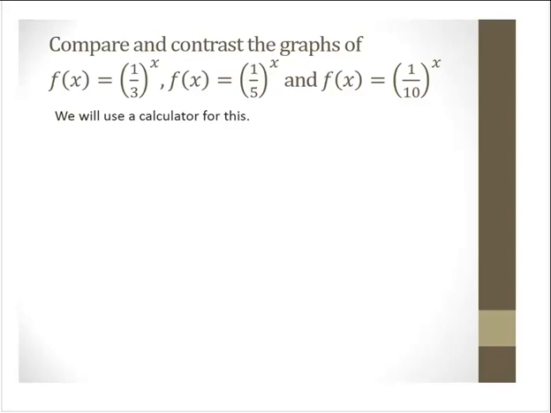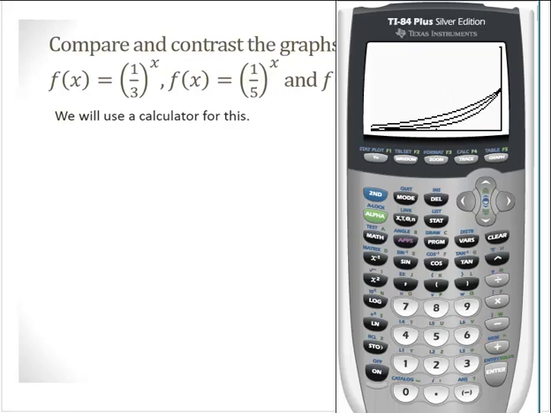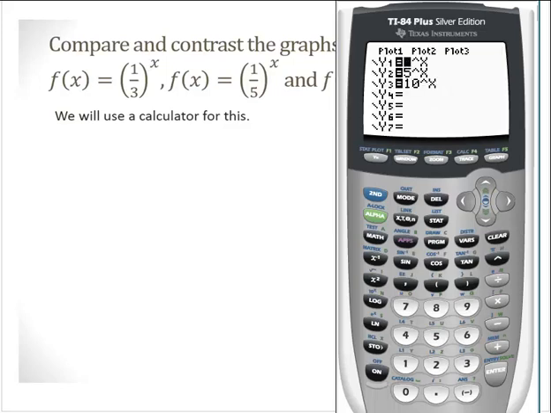Now, what if we had the graphs of 1/3 to the x, 1/5 to the x, and 1/10 to the x? All right, so again, let's look at the calculator. Go back to my y equals screen, and we have 1/3 to the x. Oops, let's try that again. We have 1/5 to the x.